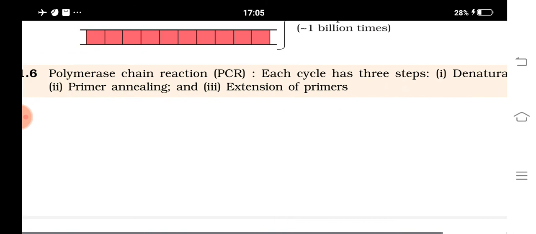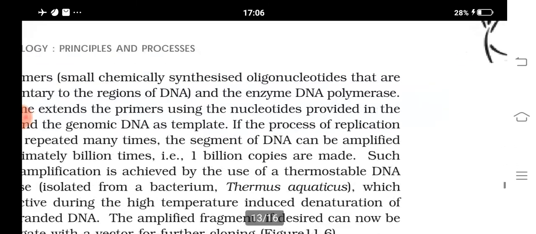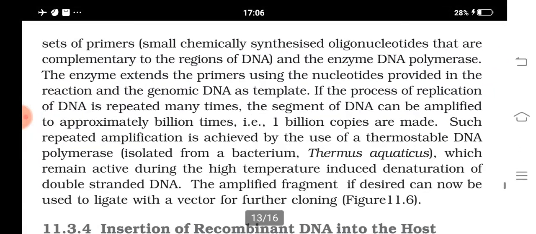Understood? So what is PCR used for? For amplifying, that is the correct word, amplifying the gene of our interest. And for this we need primers, DNA polymerase, nucleotides, and high temperature.